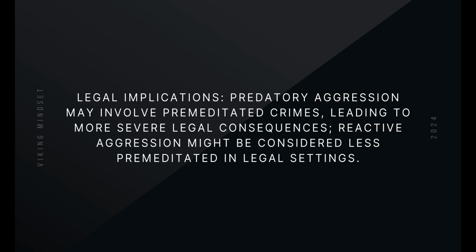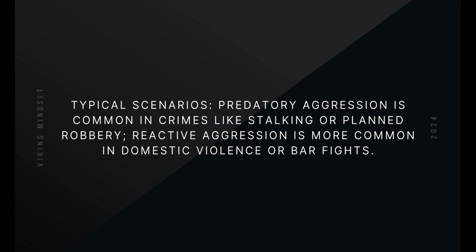When we look at legal implications, predatory aggression may involve premeditated crimes, leading to more severe legal consequences. Reactive aggression might be considered less premeditated as far as in legal settings. Typical scenarios: predatory aggression is common in crimes like stalking or planned robbery, or serial killing for that matter.